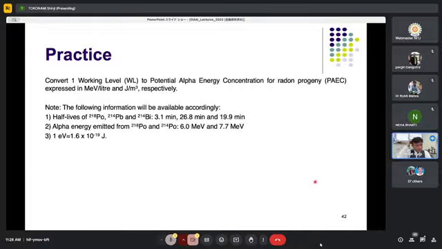So here is a practice. Convert one working level to potential alpha energy concentration for radon progeny, PAEC, expressed in MeV per liter and joule per cubic meter respectively. Note that the following information will be available accordingly.